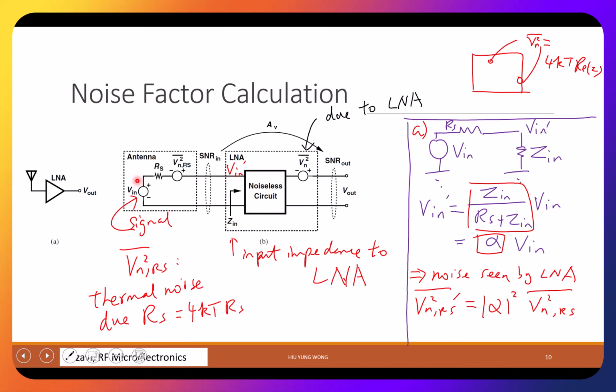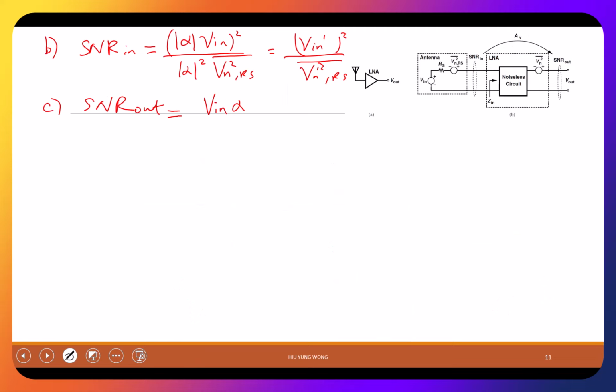Then the signal at the output is times the gain, AV. Everyone agree? V in times alpha becomes the input to the amplifier, and times AV becomes the total signal. But we're talking about power, so I need to square that. This is the power of the signal.